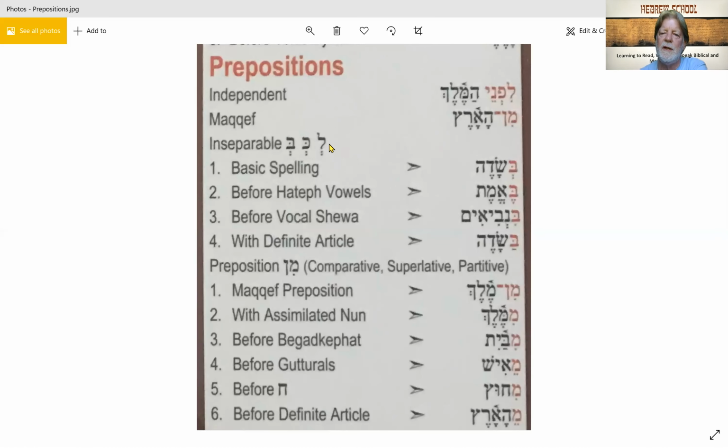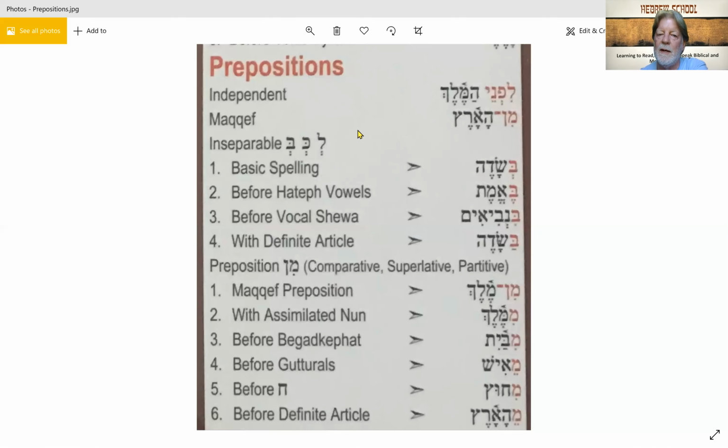Usually when those are used, they are connected as a prefix, inseparably, to the word that they are modifying or defining. In this case, we've got the word sade, sin dalet hey, and that's the Hebrew word for a field.